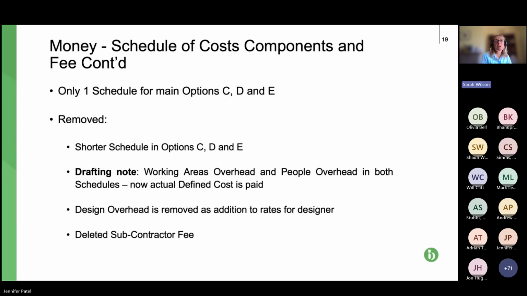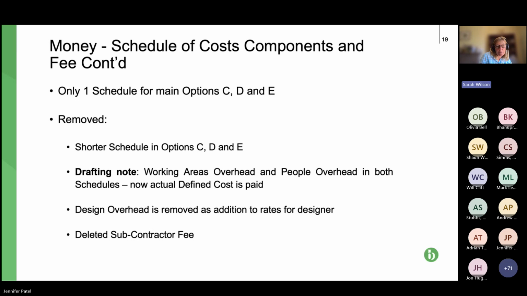Lovely. So in terms of the changes, for options C, D and E, C and D being target cost contracts and option E cost reimbursable, we now only have one schedule, which is the schedule of cost components. The shorter schedule is not applicable. Not a huge change because it generally wasn't used anyway for C, D and E, or certainly not in my experience.